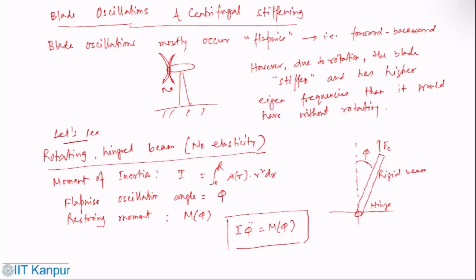Now this restoring moment M of phi comes from the centrifugal force, which we can estimate as M of phi equals the integral from 0 to R of mu r omega square r, cos phi, sin phi, r dr. So this is 1, this is phi.